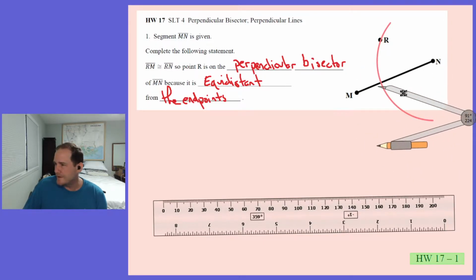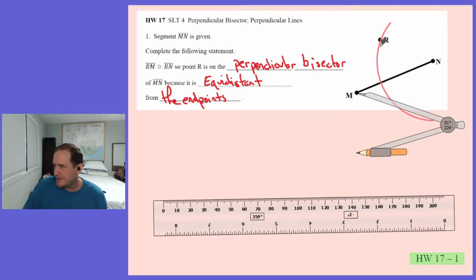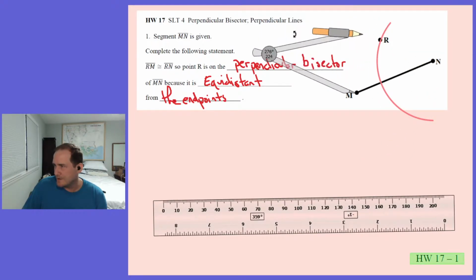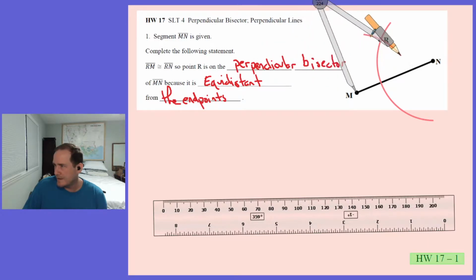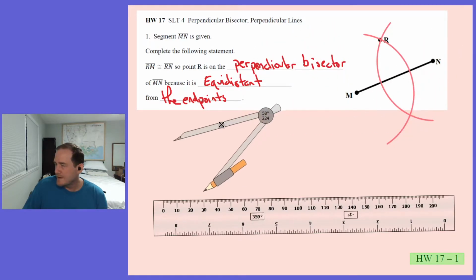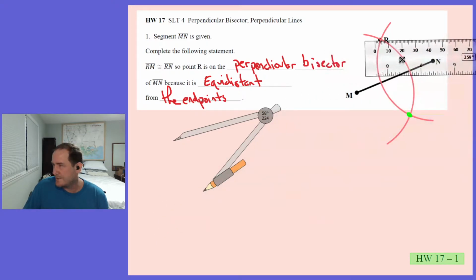Then when we go to the other endpoint, because R is equidistant from M and N, you'll find that your arc goes through point R again. And so the way that we construct our perpendicular bisector is we find one point that's equidistant, and then we find another point that's equidistant, and then we can connect the dots, and the line that we get will be our perpendicular bisector.